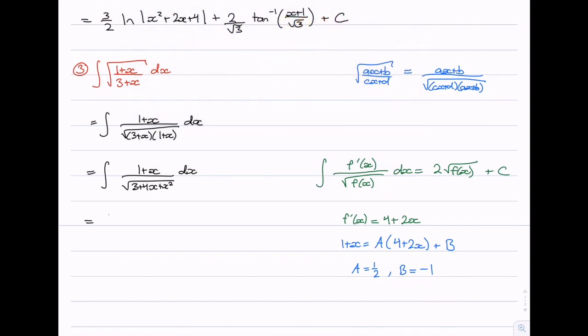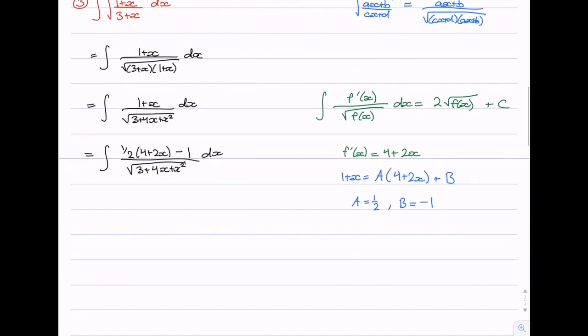We can write it as the integral of a, which is a half, times 4 plus 2x, plus b, which is minus 1, divided by the square root of 3 plus 4x plus x squared. And at this point, we can now split the numerator into 2.